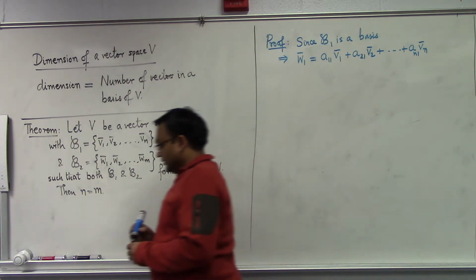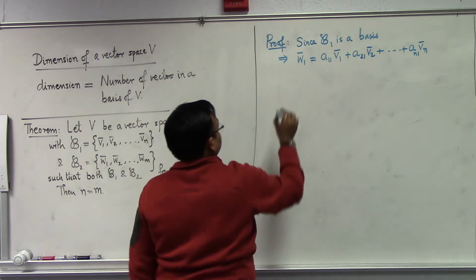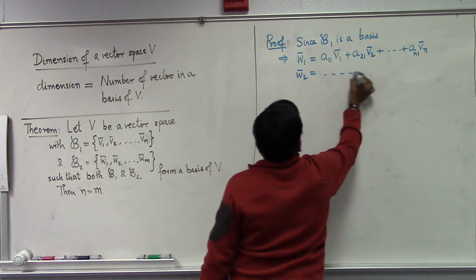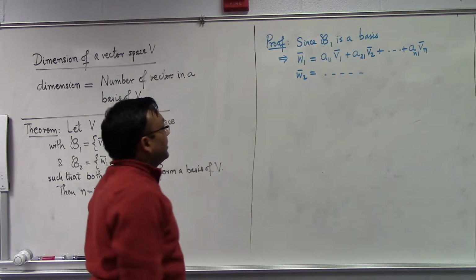So I should be able to write W1 as this, then I should be able to write W2 also as this, and so on and so forth.